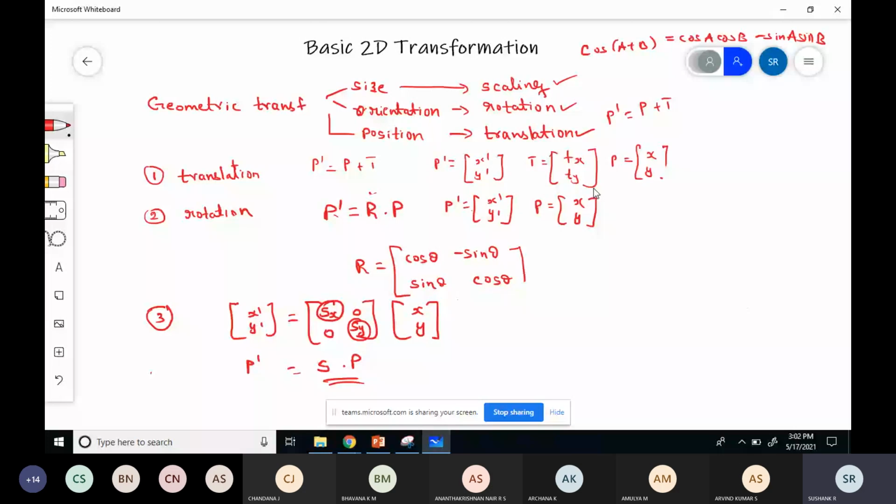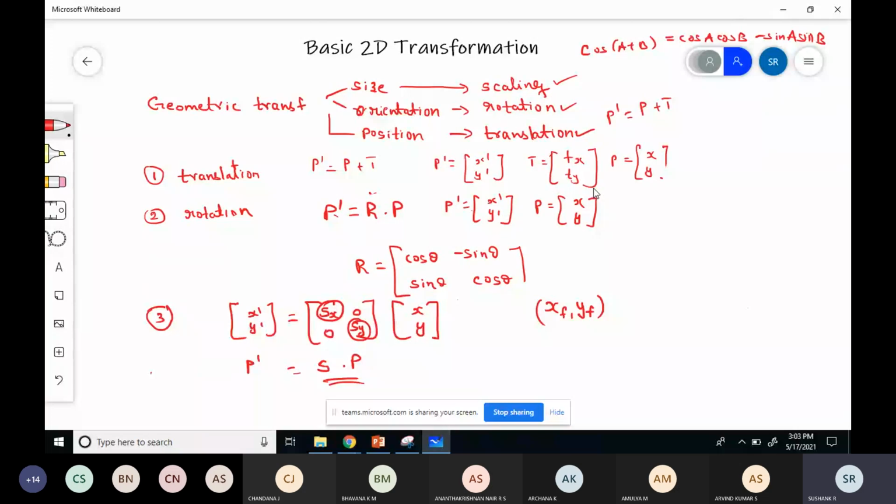If you want to scale an object by keeping some fixed position, you want to do the scaling about a fixed point xf, yf for some object.